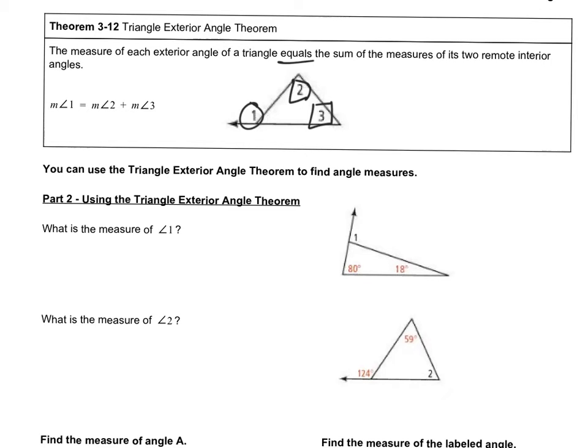In part 2, the first question asks, what is the measure of angle 1? We have angles of 80 and 18. We add the remote interior angles together, and 80 plus 18 is 98. So the measure of angle 1 is 98 degrees.